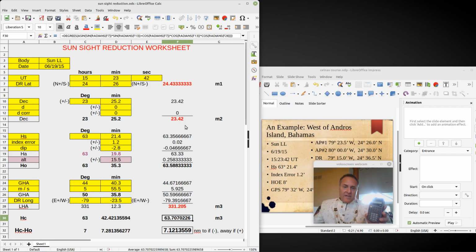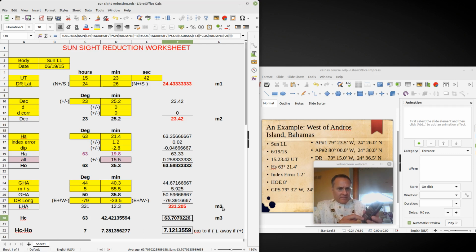But if you use a calculator like mine, this is a TI-30XA, very convenient. It's available as a solar calculator. This one is not. But what I'm going to do is type in the key numbers. And you see I've located those numbers by saying memory 1, memory 2, and memory 3.